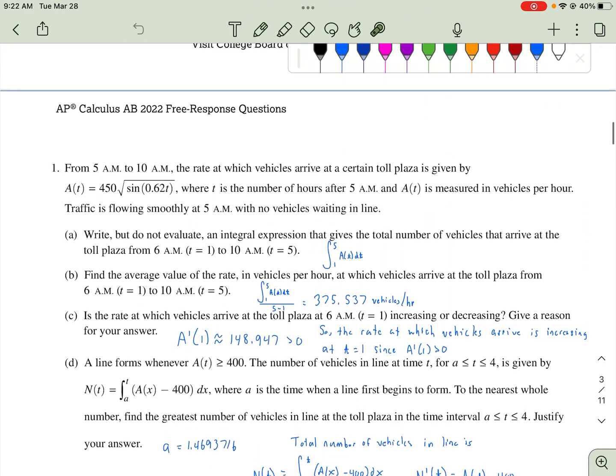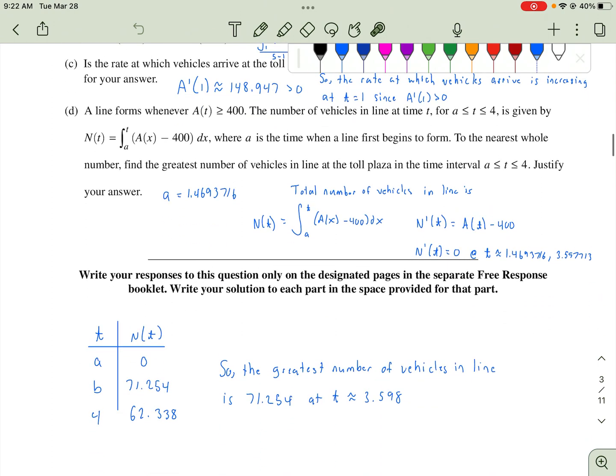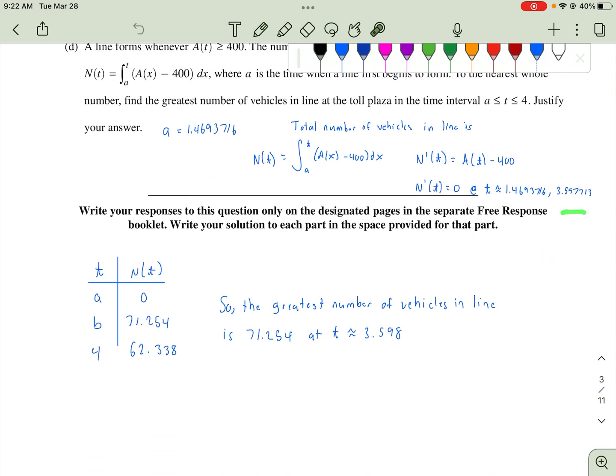I thought that was given to us somewhere. But in any case, I'm calling this value B. I should write that down somewhere. So this value is B, so we're doing the integral from A to B of this, and you just math 9 that, and that gives you that. And then at 4, which is when it ends, and that is that.